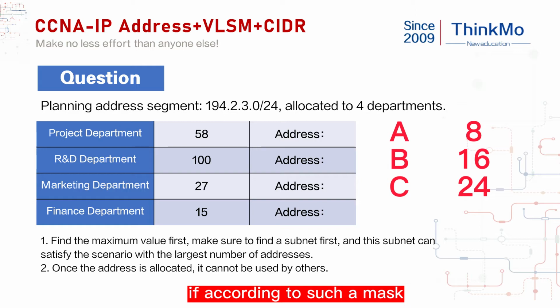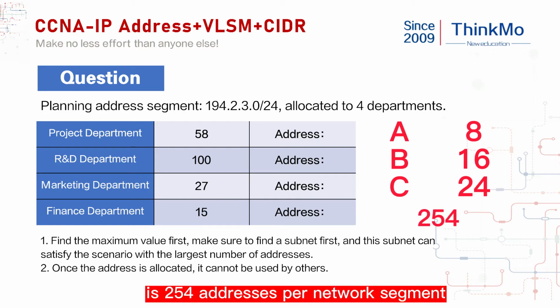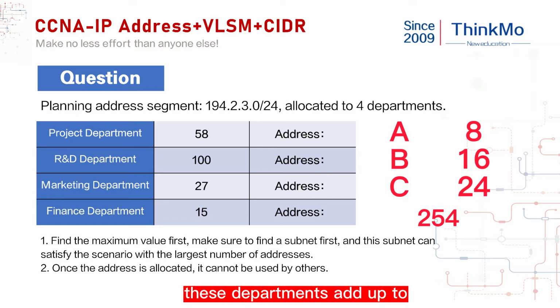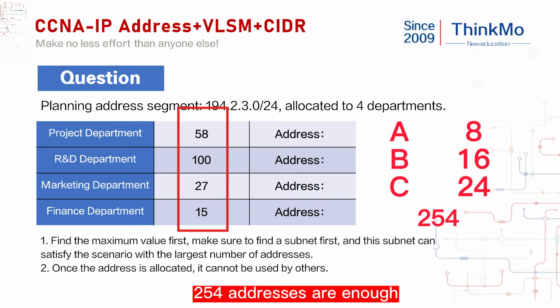If according to such a mask, Class C must have only 8 host bits, then the default is 254 addresses per network segment. You will find these departments add up to 200 people in total. That explains that 254 addresses are enough. If there is a Class C address, 200 people are enough.